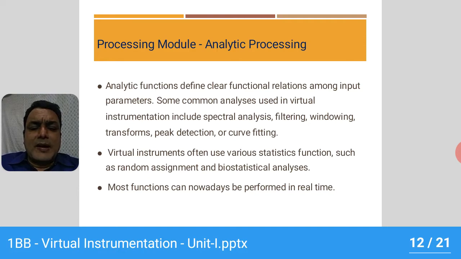These are regular analytical operations used on sensor data. Virtual instruments often use various statistical functions such as random assignment and biostatistical analysis. Most functions nowadays are performed in a real-time scenario. That means whenever you are using real-time systems, we have to use analytical techniques which can give quick results within the shortest span of time.